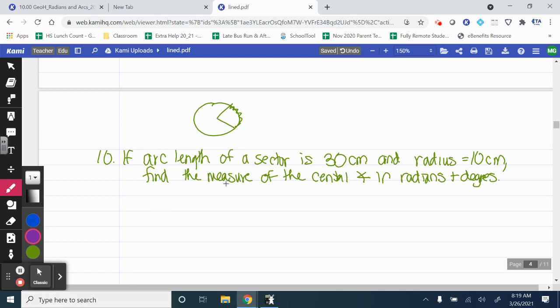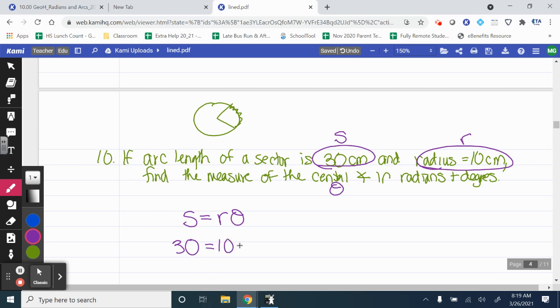All right, so we know the arc length is 30 centimeters. So arc length is S, radius is 10 centimeters, that's our R. Find the measure of the central angle theta. So I'm looking for theta. So you should have used that formula again, S equals R theta. So S is 30 centimeters, my radius is 10, and I'm solving for theta.